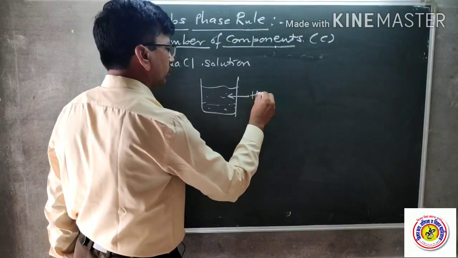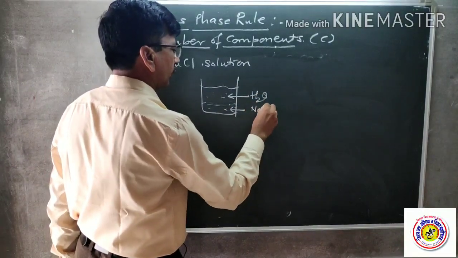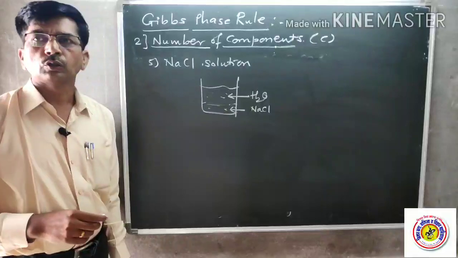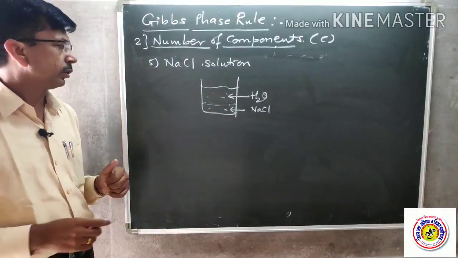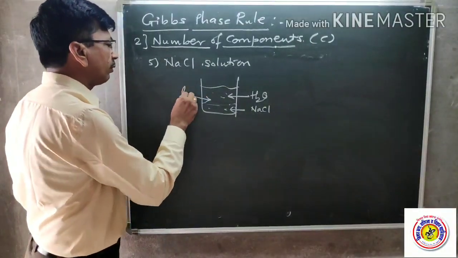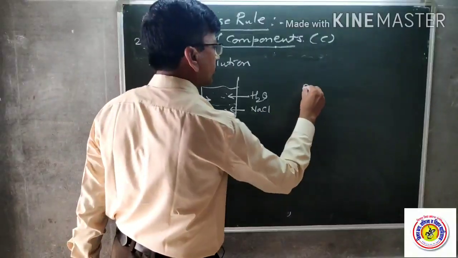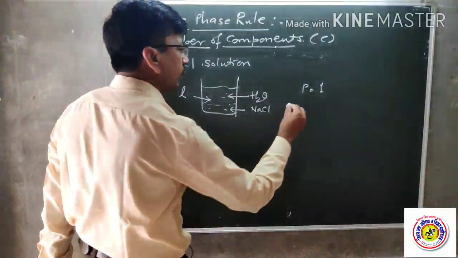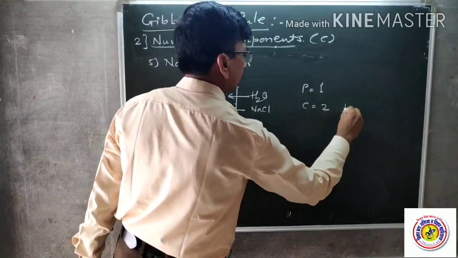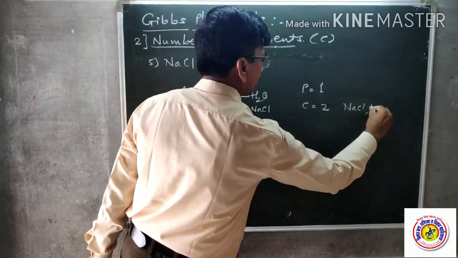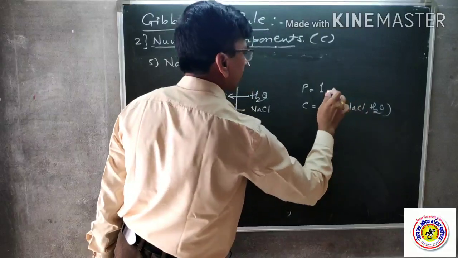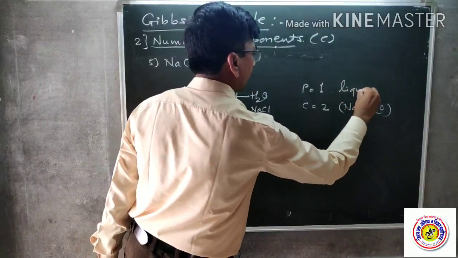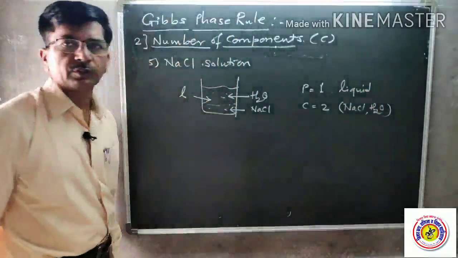We have H2O and we have NaCl in it, so we have two different components. While all is in the liquid phase, so the phase is only one when the solution is unsaturated. The components are two, NaCl and water, while the phase is only one, and that phase is liquid.